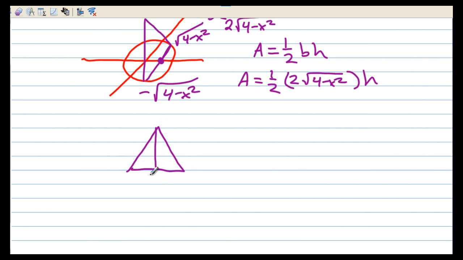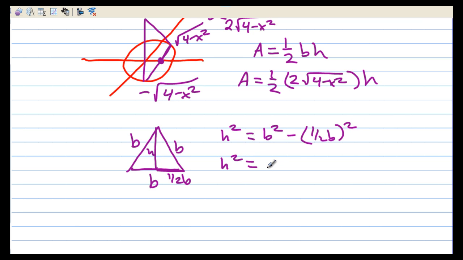If we call this entire side b, b here and b here, and then if we call this 1/2 b and call that the height, we can find out what h is in b, and then we can write b in terms of x. So h squared equals b squared minus 1/2 b squared.